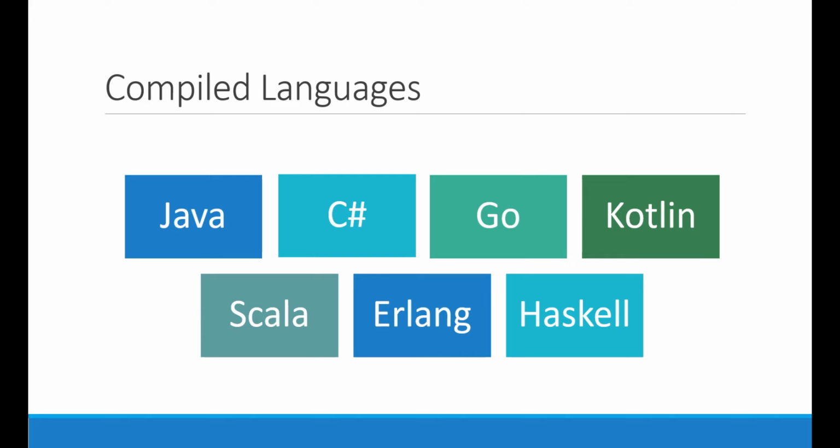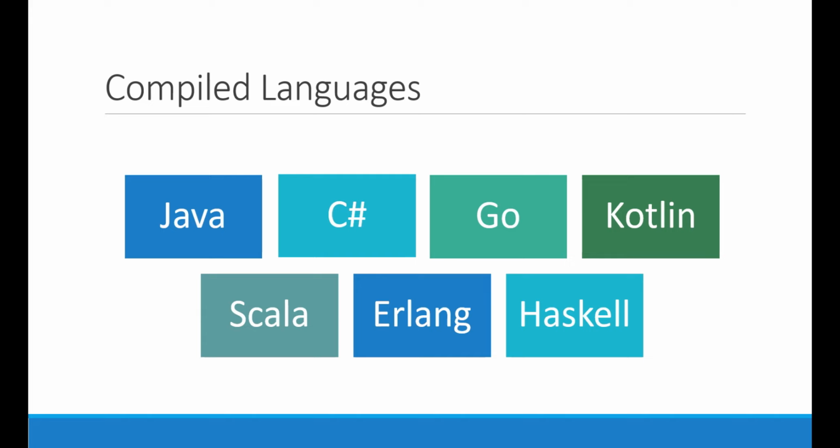Then there's C Sharp, which is another high-level object-oriented programming language developed by Microsoft. Originally developed to be used on Windows, it can now be used to build cross-platform applications using the .NET Core runtime. One of the most popular frameworks for building web applications using C Sharp is ASP.NET Core.